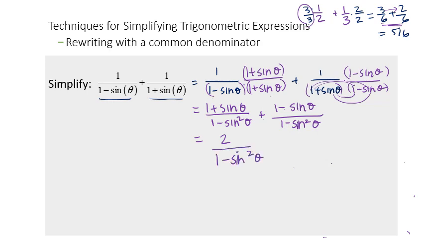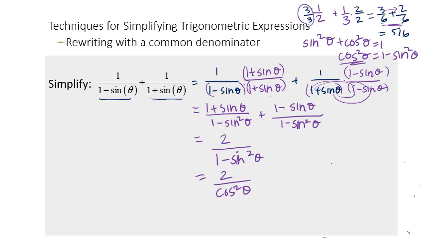Now we know how to simplify that. Remember, again, we know this identity. So if I solve, I get that 1 minus sine squared theta is equal to cosine squared theta. And then I can even go further.